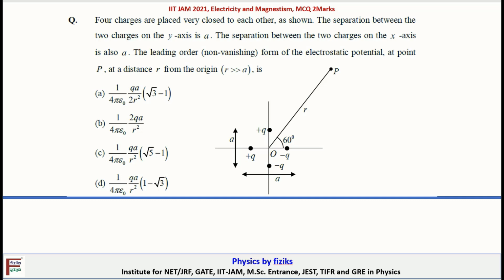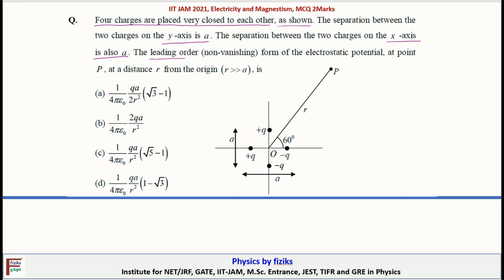In this question, it is given that 4 charges are placed very close to each other as shown in the figure. The separation between two charges on the y-axis is a, and the separation between two charges on the x-axis is also a.